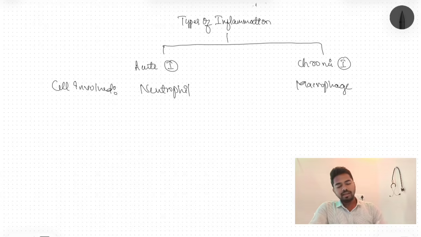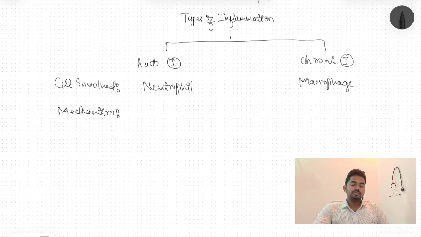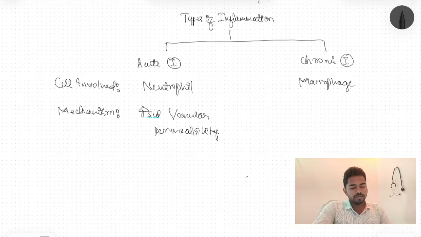And we'll see mechanism. Guys, in acute inflammation, there is increased vascular permeability.